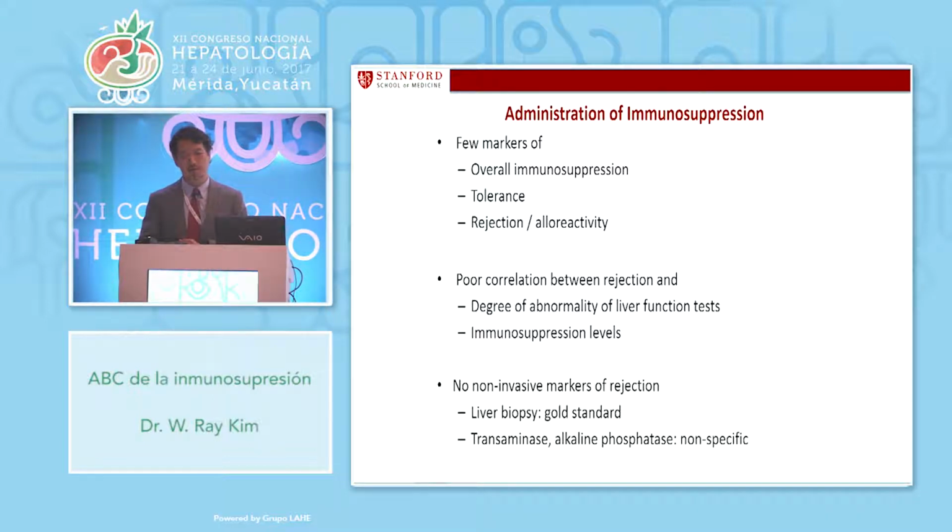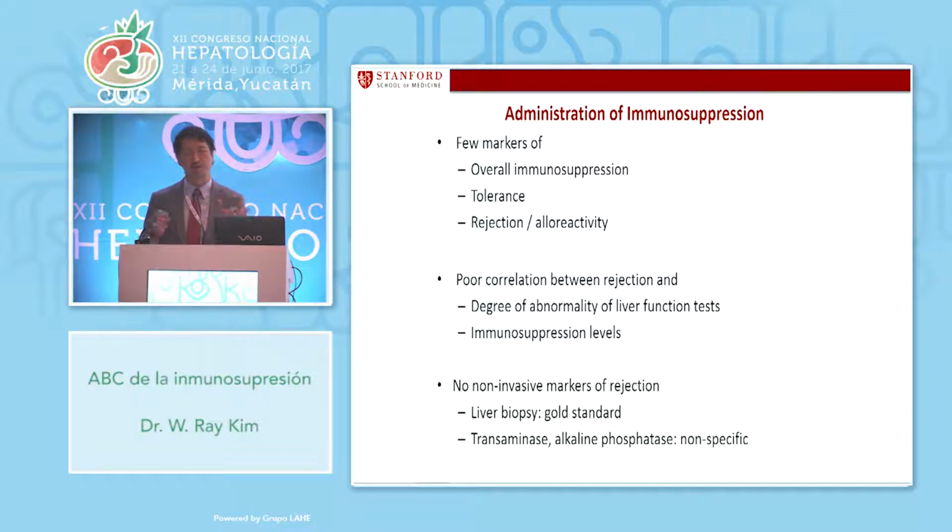There is no marker for tolerance, and for rejection and alloreactivity, there isn't a blood test that tells us that there's a rejection going on. There is a poor correlation between rejection and the degree of abnormalities in liver function tests, and a poor correlation between rejection and immunosuppression levels.